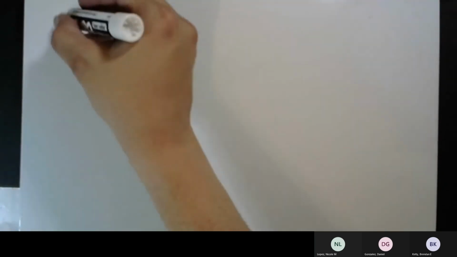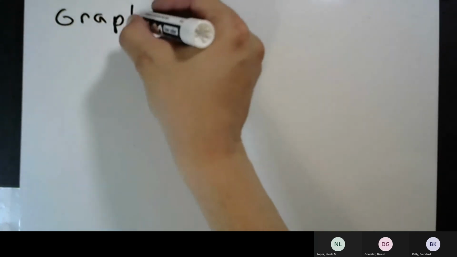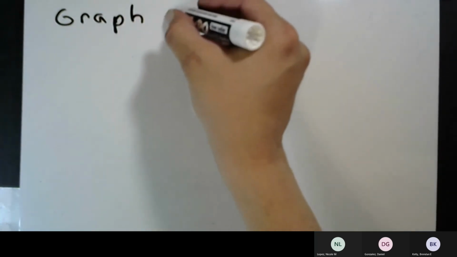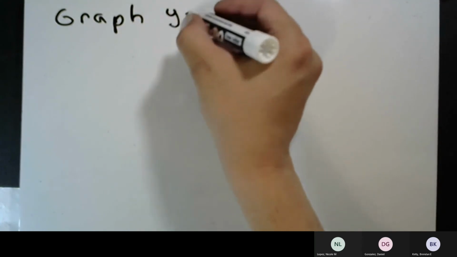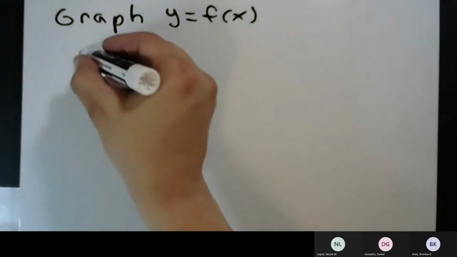But let's put this to use. So we're going to graph y equals f of x. And we're going to use 7 steps.